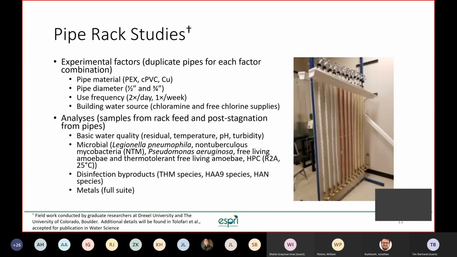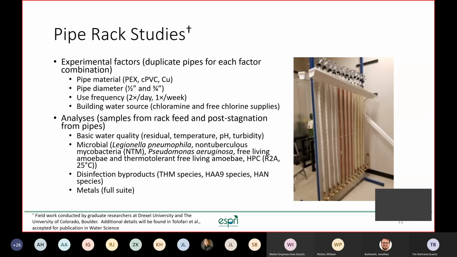So I'm going to show just a few results from pipe rack studies that were done at Drexel and Colorado University Boulder. There were cold water and hot water studies. I'm only showing the cold water study results today. The experimental factors: there were pipe racks set up in Philadelphia, which is a chloramine supply, and in Boulder, which is a free chlorine supply.